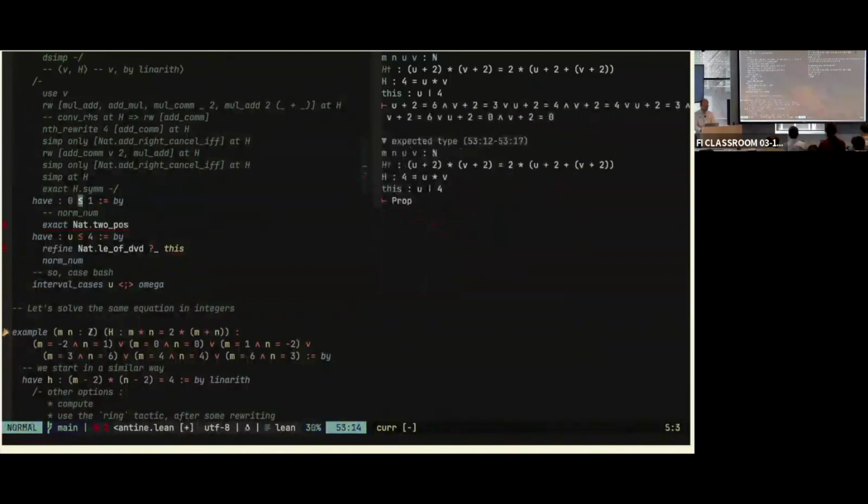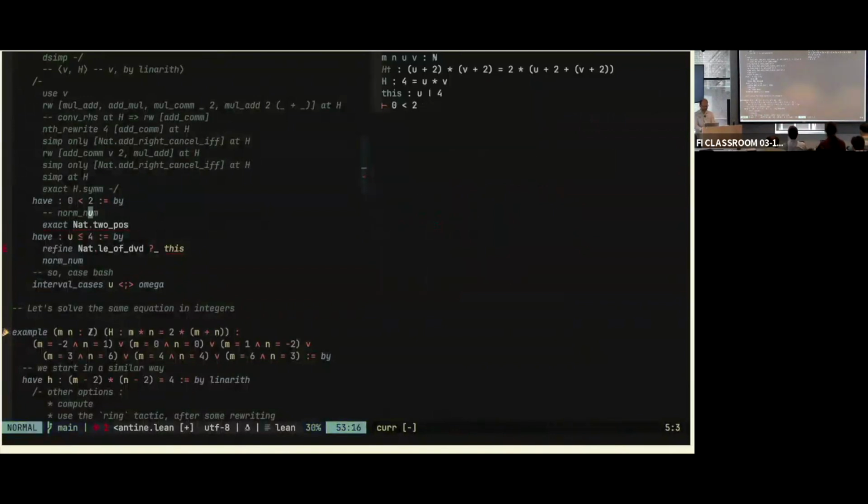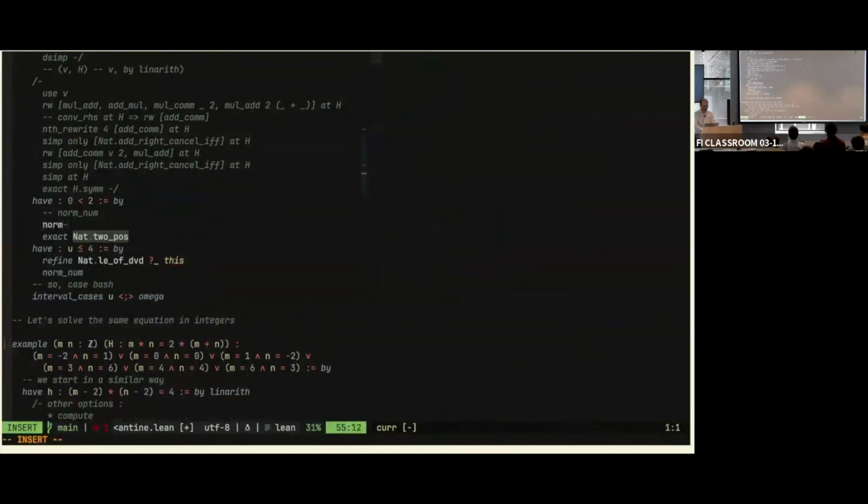For example, for 0 strictly smaller than 2, there is nat.2 strictly positive, but probably norm-num will do it as well. It's just a matter of what you type. I like nat2 pos when I have to fill this proof in another formula rather than typing by norm-num in the proof, but okay.